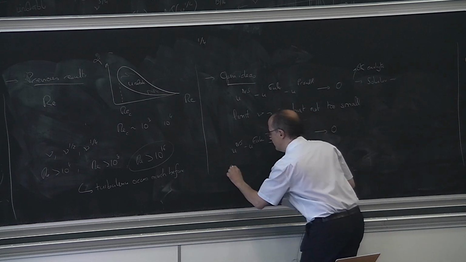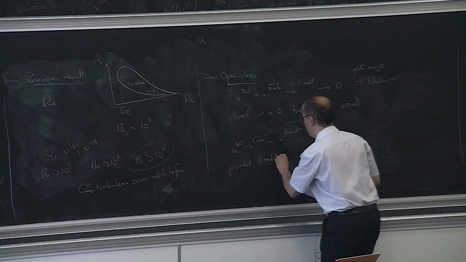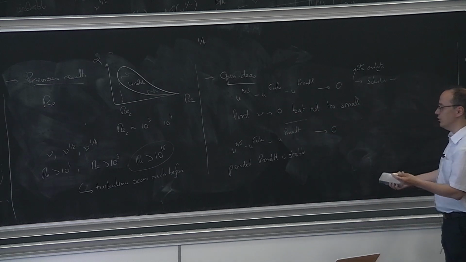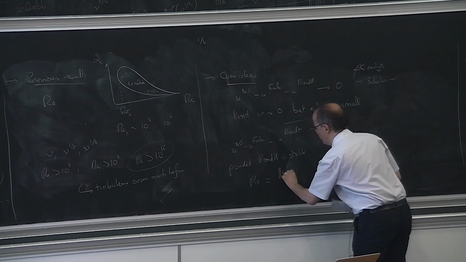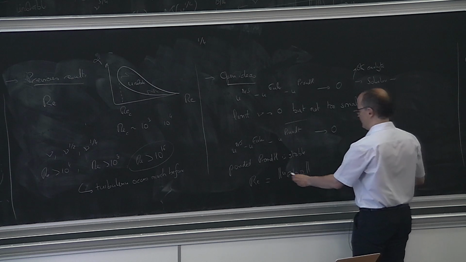So provided the Prandtl layer is stable, you can quantify it by the Reynolds number. The Reynolds number will be U Euler at the boundary, the velocity, times the length, which is 1 over nu.